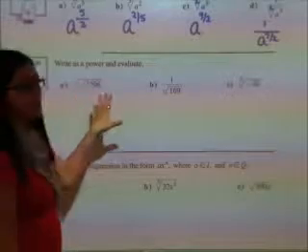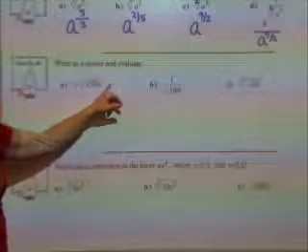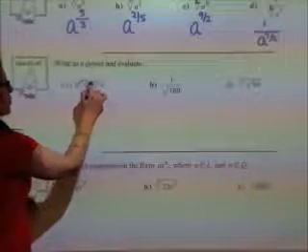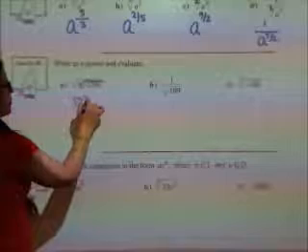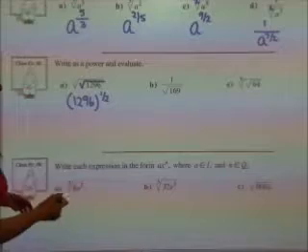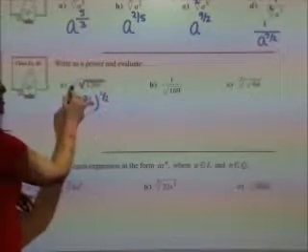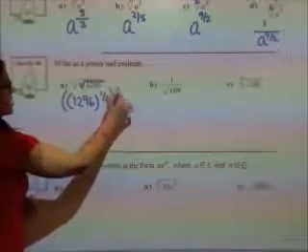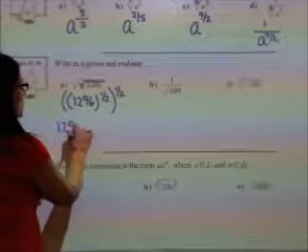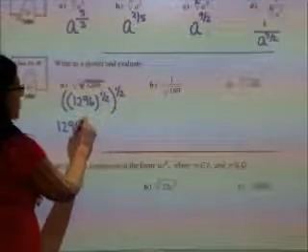So question number 5, write as a power and calculate. If I write this as a power, I have 2 radical symbols here. So we're going to work from the inside out. This first radical symbol right here, as a power, becomes 1296 to the power of 1/2. This radical symbol here is also a square root, so it would be to another 1/2. 1/2 to the power of 1/2, multiply the exponents. 1/2 times 1/2 is 1/4.